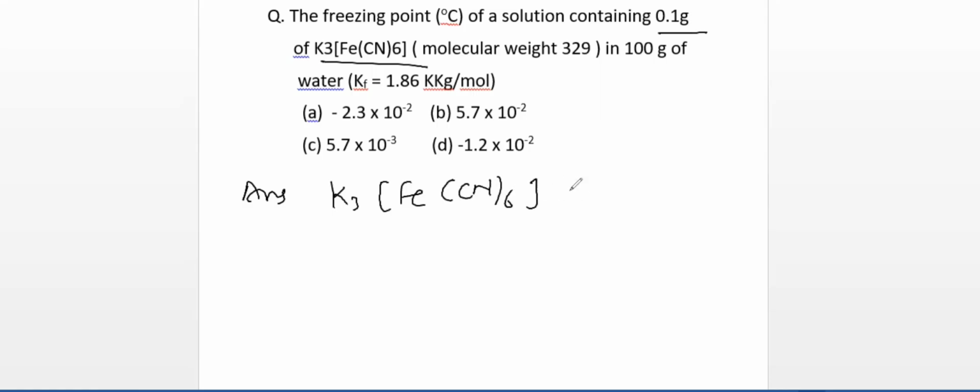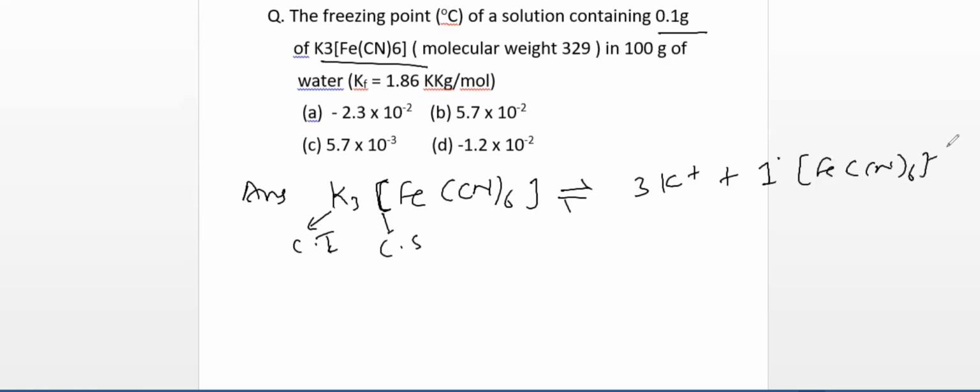When you add K3[Fe(CN)6] into water, the part outside the square bracket is called the counter ion, and the part inside is your coordination sphere. When you add this to water, it forms 3 moles of K+ and 1 mole of [Fe(CN)6]3- ions, ferricyanide ions, into the solution.